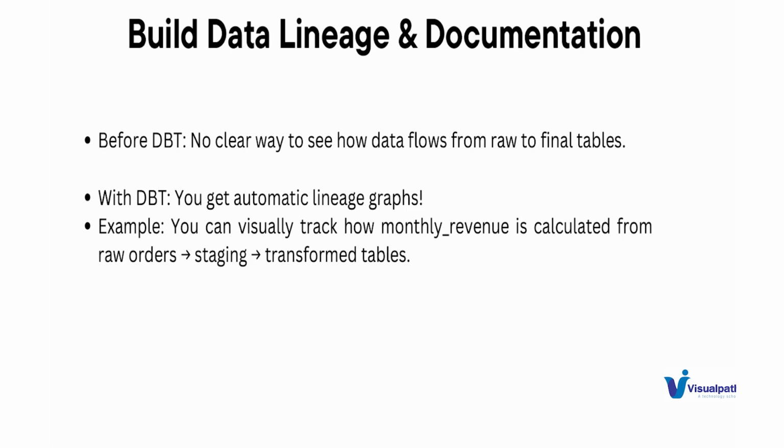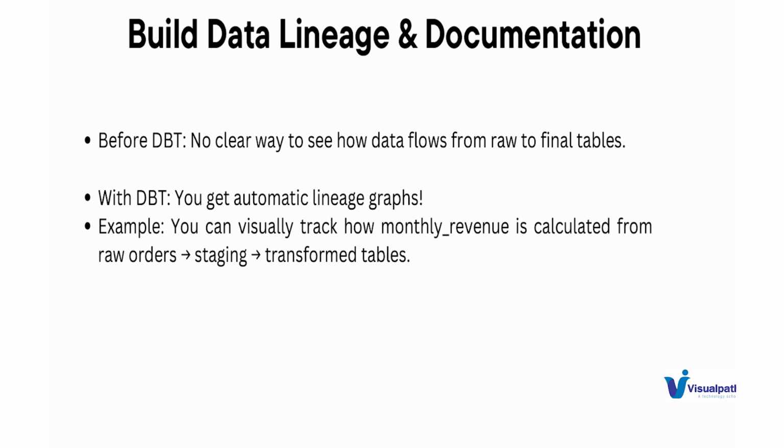DBT provides us lineage automatically. When we create a DBT model, we can specify which other model this model is dependent on. And then DBT creates a whole DAG for it, like a whole map of which models are depending on which model. So let's assume we want to run a report.